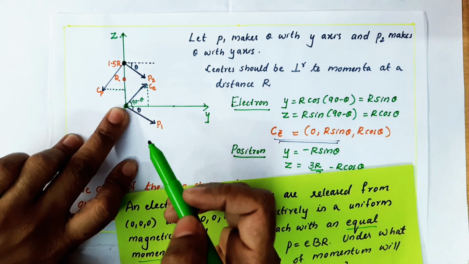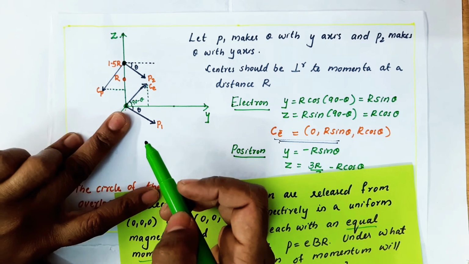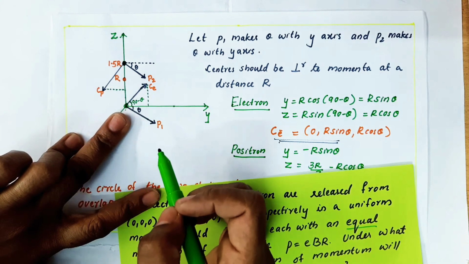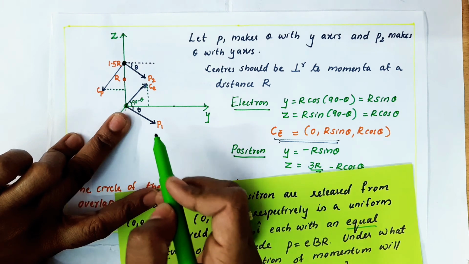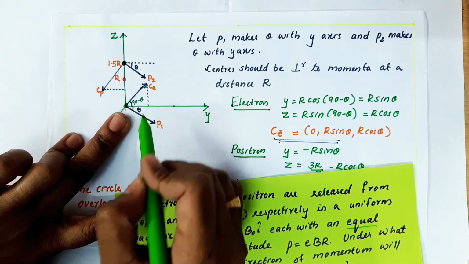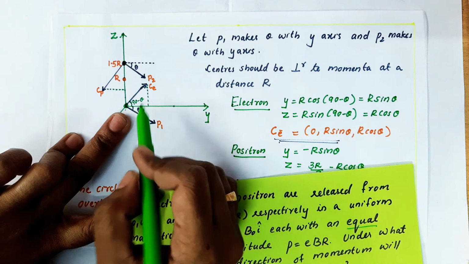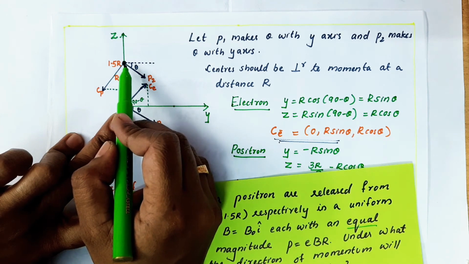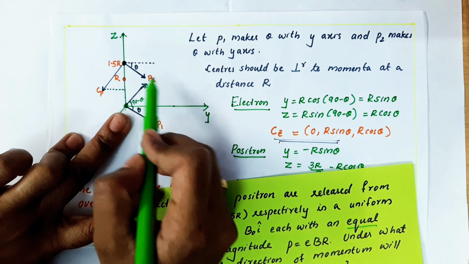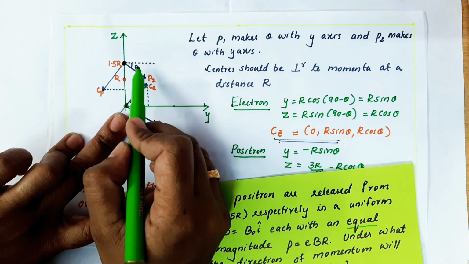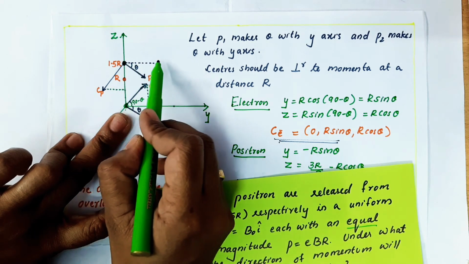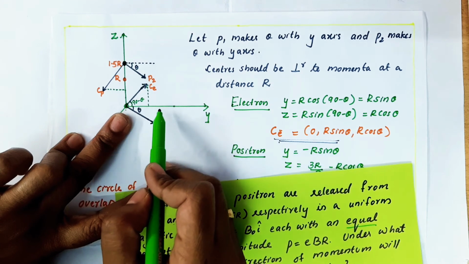So, two concepts I told, you need not worry about this. The particle is moving in the YZ plane with a momentum P1 making an angle theta. Likewise the positron's momentum P2 makes an angle theta with respect to the y-axis, because this dotted line is parallel to y.